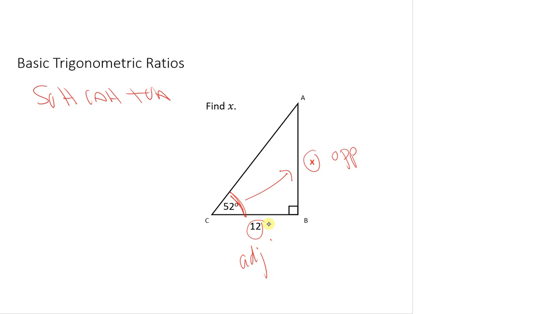Well, so we're going to use tan again. So the tan of 52 degrees equals x, it's our unknown side, over the adjacent side, 12. We're going to rearrange, solve for x, so we get x equals 12 times the tan of 52 degrees.